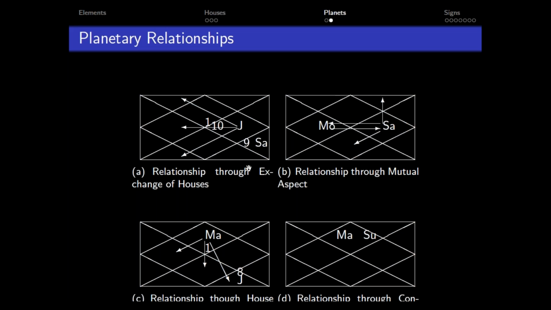So from another perspective, will Saturn give the results of Jupiter and Jupiter give the results of Saturn, something like that, or is it that if there is an exchange yog, both will bring a kind of calm in the native's life? In this case, there will be a calming down of the native, and only beneficial results will be seen.